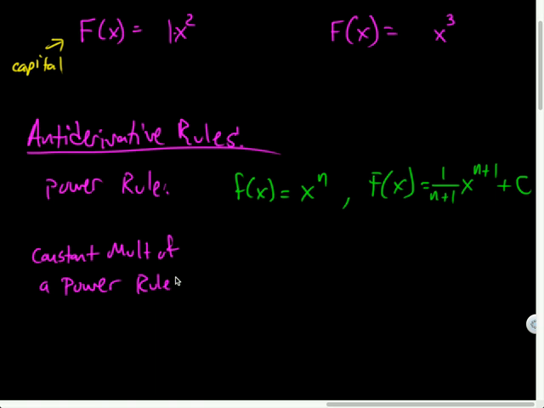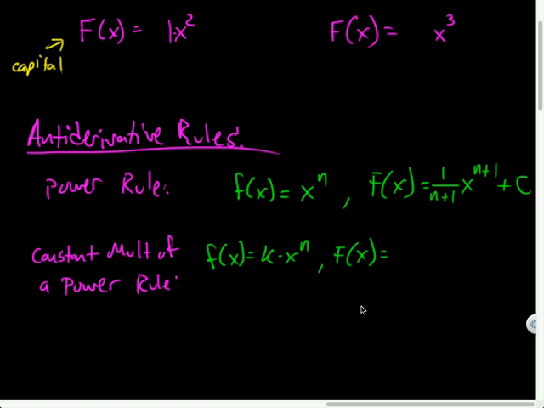The power rule: if f of x, the original function, was, they use k, well, I guess it has to be a different letter than that. So if the original function is k times x to the n, then what's the antiderivative going to be?